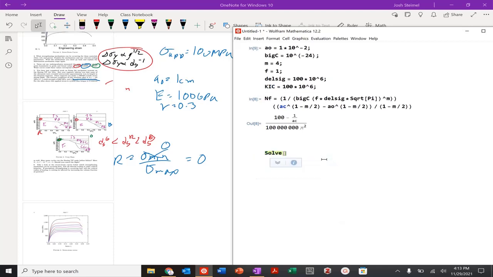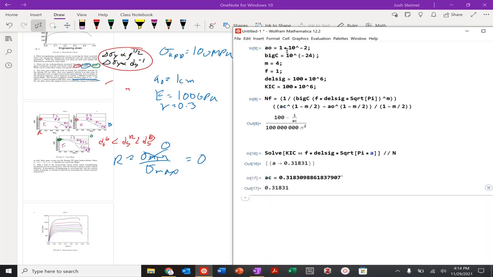So I could solve now that K1C is equal to F times del sig times square root of pi times a, and then we can go ahead and solve for our critical crack length. So that's our critical crack size, a sub c. So our a sub c is equal to this.